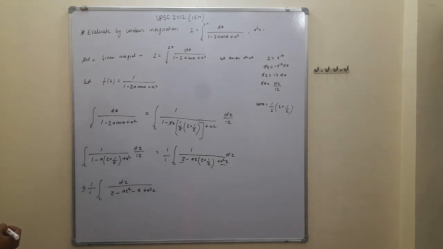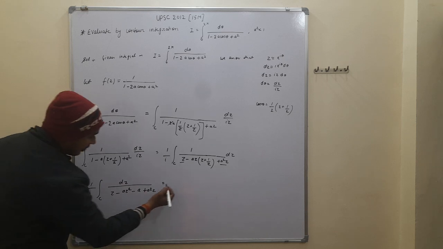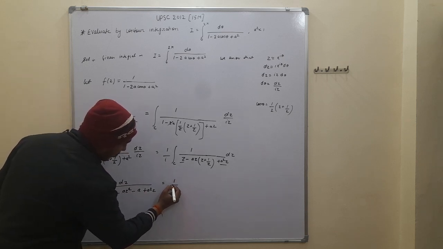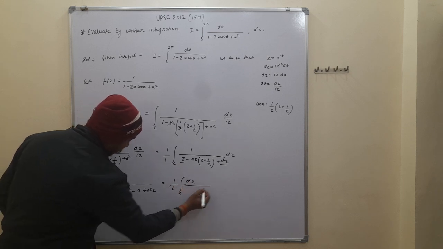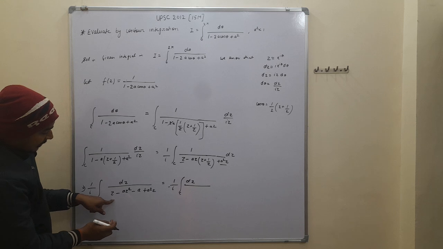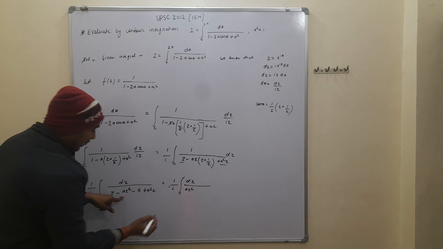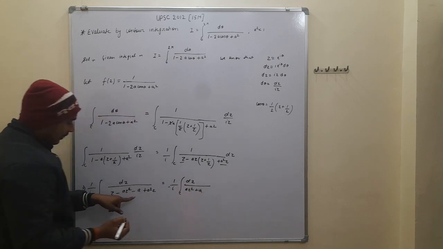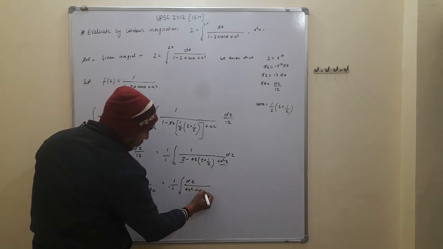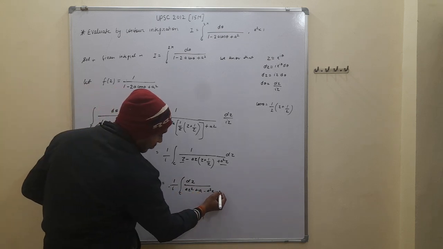Taking minus common from the denominator, this is 1 upon i, minus, dz upon closed integral c. When we take common minus, here is plus az square, minus of az square is plus az square, and plus minus a is plus a, and plus a square z is minus a square z, and here plus z is minus z.